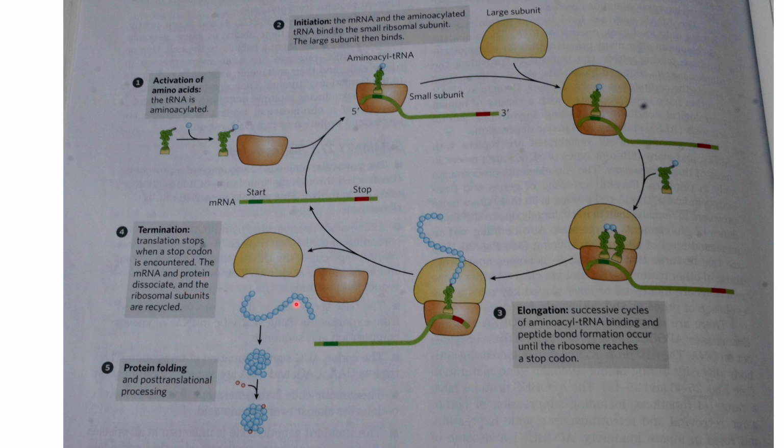The ribosomal subunits are recycled here and here, and the protein folds. It actually folds while it's in production, but the final form, and then you have post-translational processing where you can get chemical modification that's occurring, or any other process that is applicable to the situation.